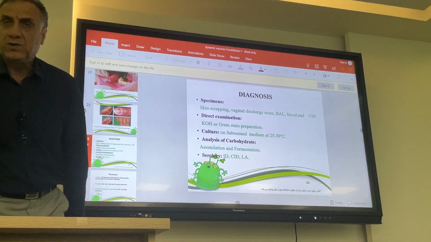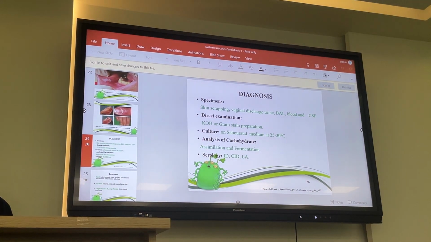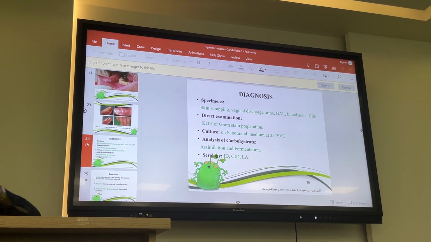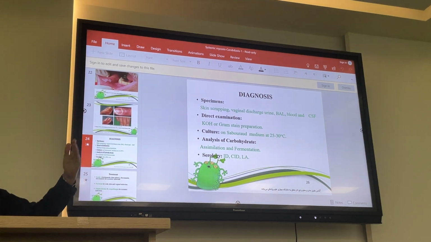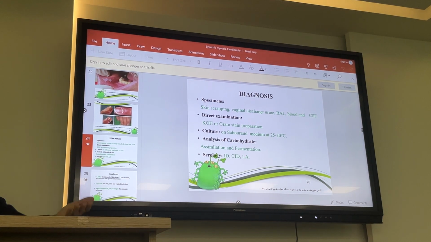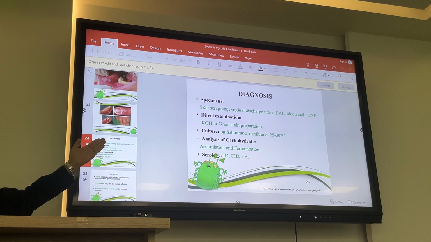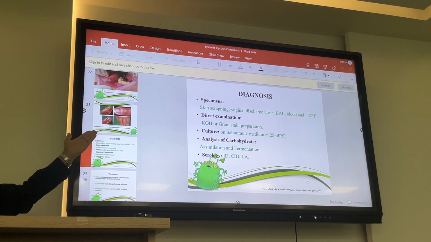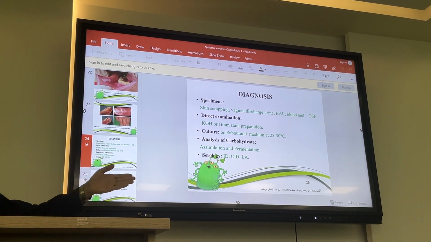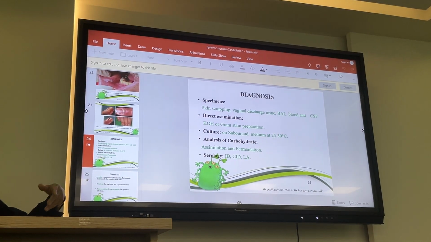For diagnosis of candidiasis, you use the clinical signs, but you must refer the patient to the laboratory. In the laboratory, based on the location of infection, you must prepare the sample. The sample may be cutaneous, a skin scrape, or in nail infection, a nail scrape must be prepared.